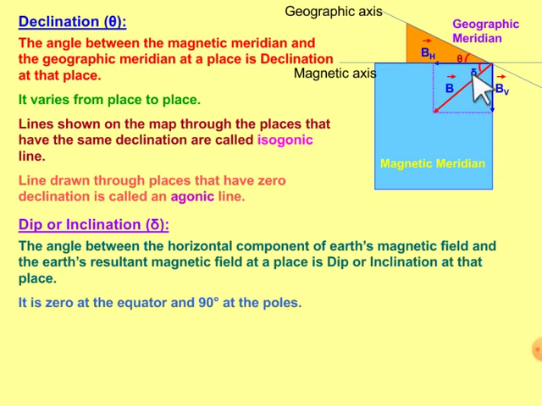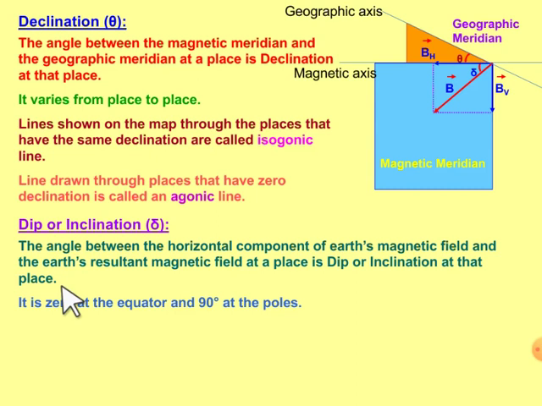That means the angle of dip, delta, will be equal to 90° at the poles. Same is the case when you go to the south pole: the south pole of the needle will point vertically toward the earth. So the angle of dip will be 90° there also. Got it? So angle of dip is equal to 0 at the equator and 90° at the poles.